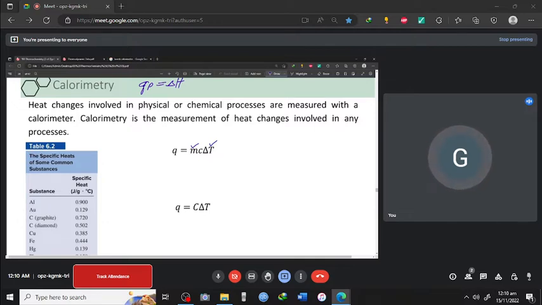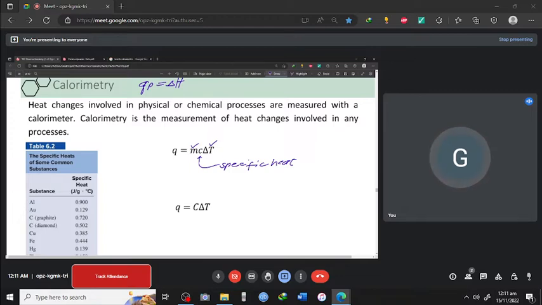Ngayon, you might be wondering, meron tayo ditong C. Sino kaya tong si small letter C? Si small letter C, yung tinatawag nating specific heat. Okay? Si specific heat naman is constant yan, and each material has their own specific heats.